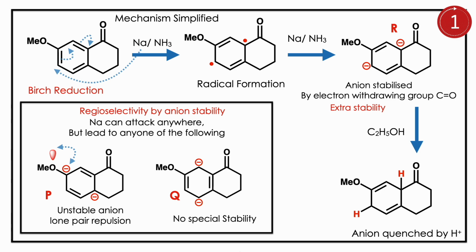Then the formed anion is stabilized by CO. CO is an sp2 carbon, electron withdrawing in nature, so it stabilizes it. You have the final product with reduced hydrogen, where the carbon near the carbonyl is reduced. The concept you have to learn here is that whenever you have multiple possibilities, one way to identify the major product is to analyze the anion stability.